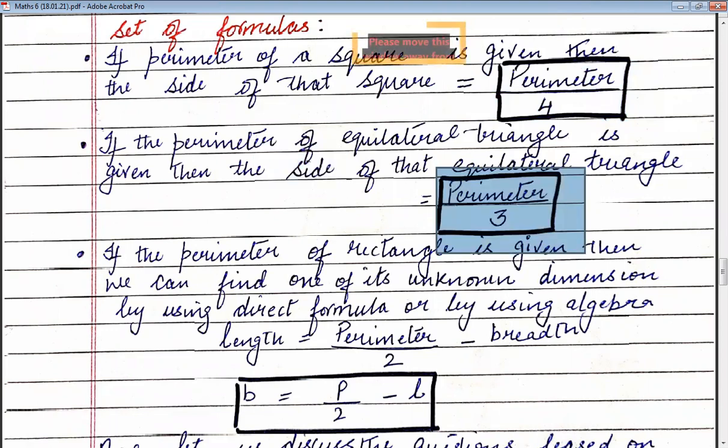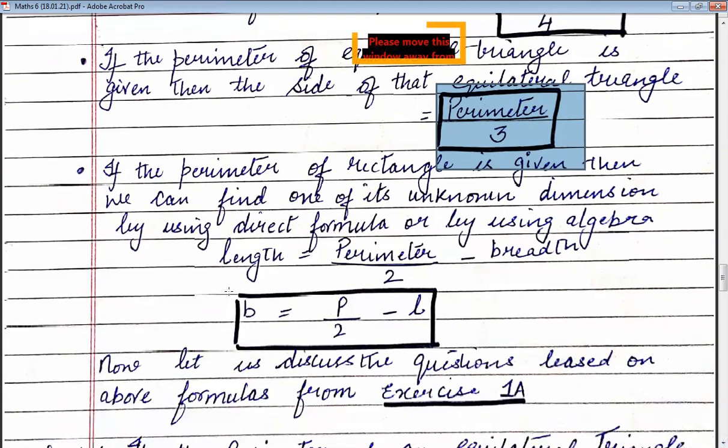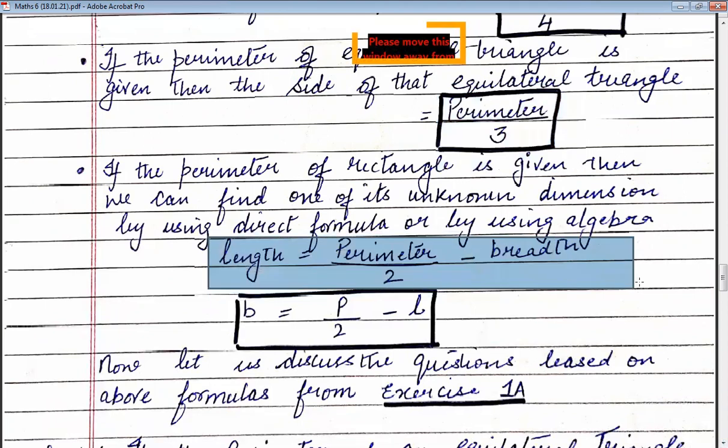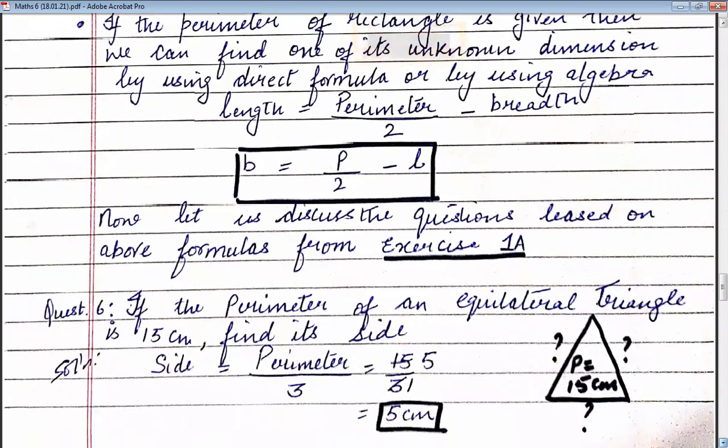And now, if you want to find one of the dimensions of a rectangle, then what is the formula? Length is equal to perimeter divided by 2 minus breadth. So now children, let us discuss a few questions based on the above three formulas. The questions I'm taking from your book, exercise 1A.